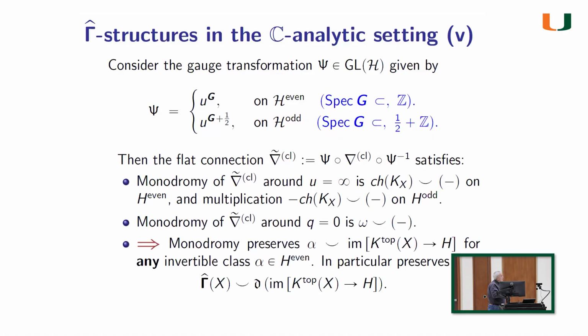And the monodromy preserves the image of the topological K theory multiplied by any invertible class in the even cohomology. In particular, the image multiplied by the gamma class or by the constants that we use, the powers of 2 pi i. So it preserves this, the image of the topological K theory in H, multiplied by the constants, multiplied by the gamma class.